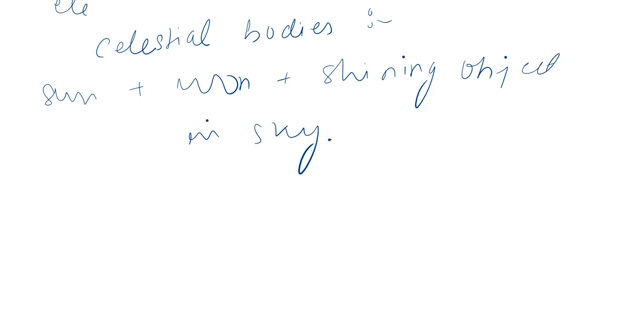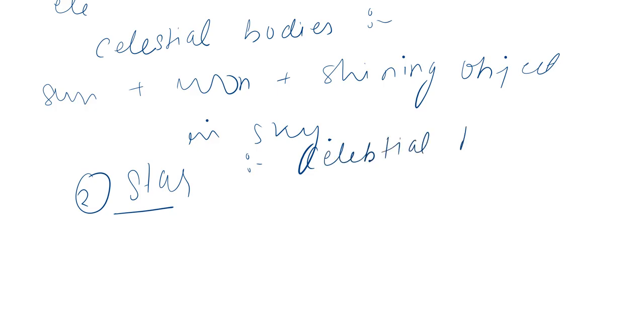The second definition is: what is a star? A star is also a type of celestial body, which is usually made up of gases, and it has its own light and heat.